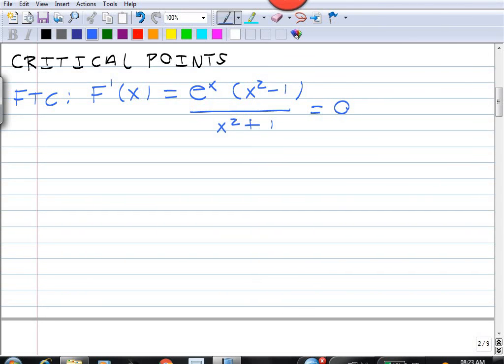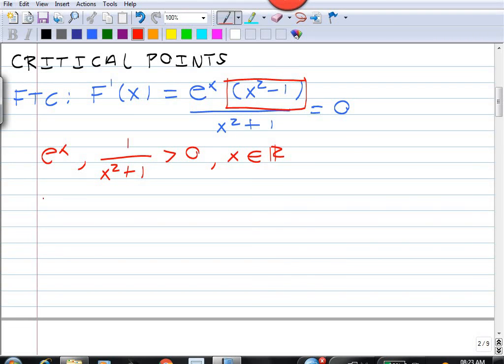Now we can note that e to the x squared as well as 1 over x squared plus 1 are both bigger than 0 for every real number x. Therefore the only term that can make the derivative 0 is x squared minus 1. So that term determines whether or not the derivative is 0.